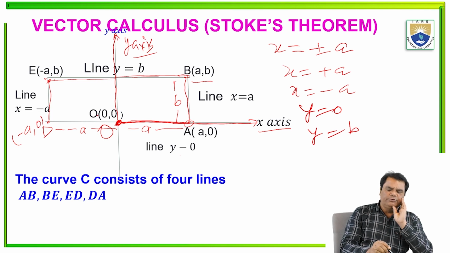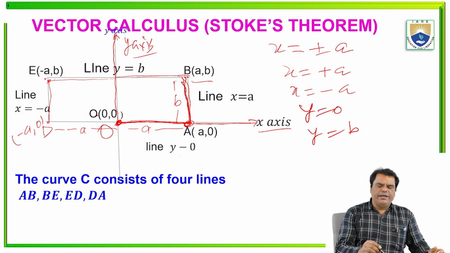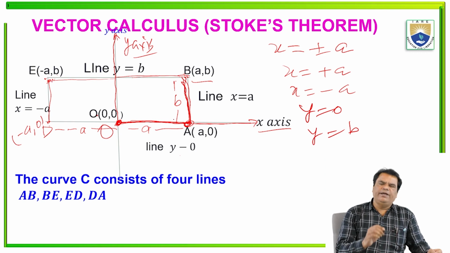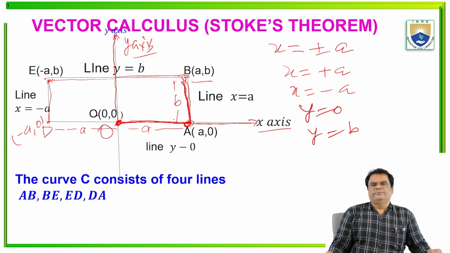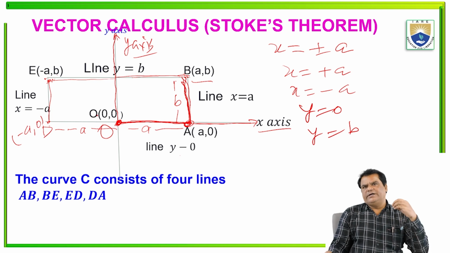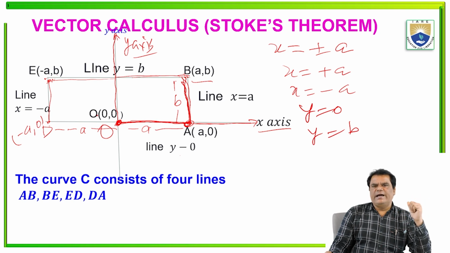Our point goes along the line integral, first from A to B, first along AB, next B to E, next E to D, and last D to A. So we will calculate four integrals.